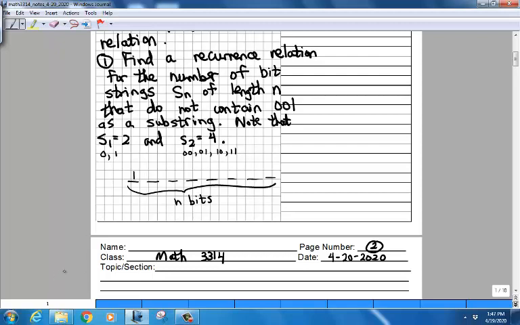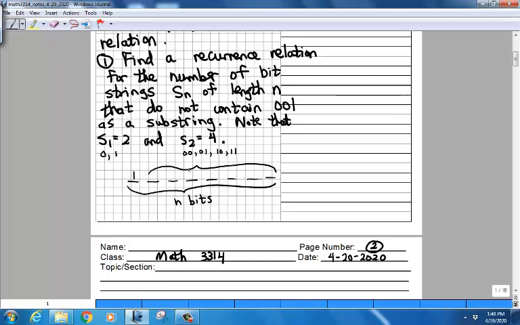So let's just imagine that we put a 1 in the first slot of our bit string of length n. Then, since we don't want the bit string to contain 0, 0, 1, that means the rest of the string cannot contain 0, 0, 1.